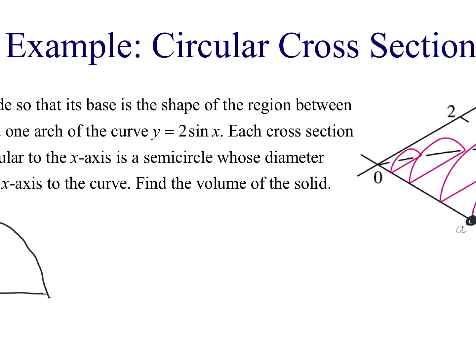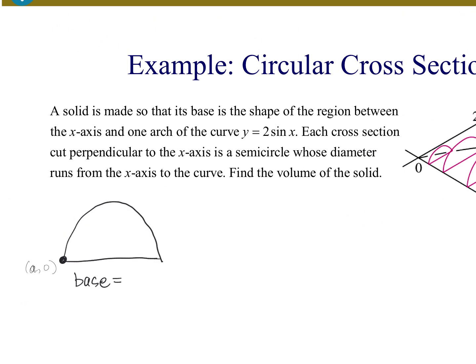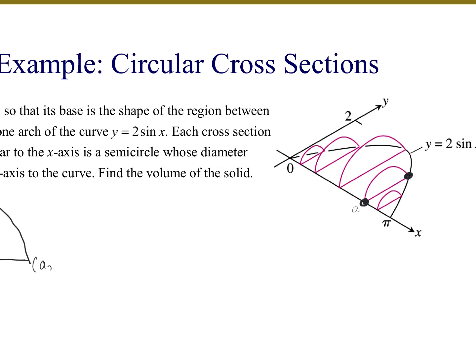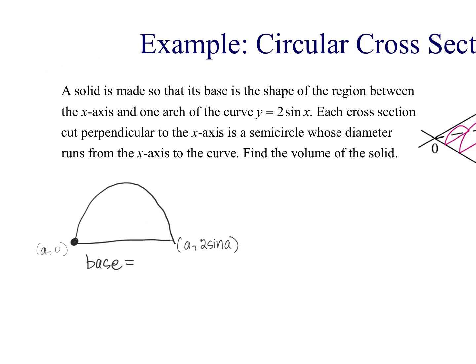The corner on the other side also has an x value of a, but its y value is being traced by the sine curve. So the y value of that would be 2 sine a. So if one corner is (a, 0) and the other corner is (a, 2 sine a), then the base is going to be 2 sine a.